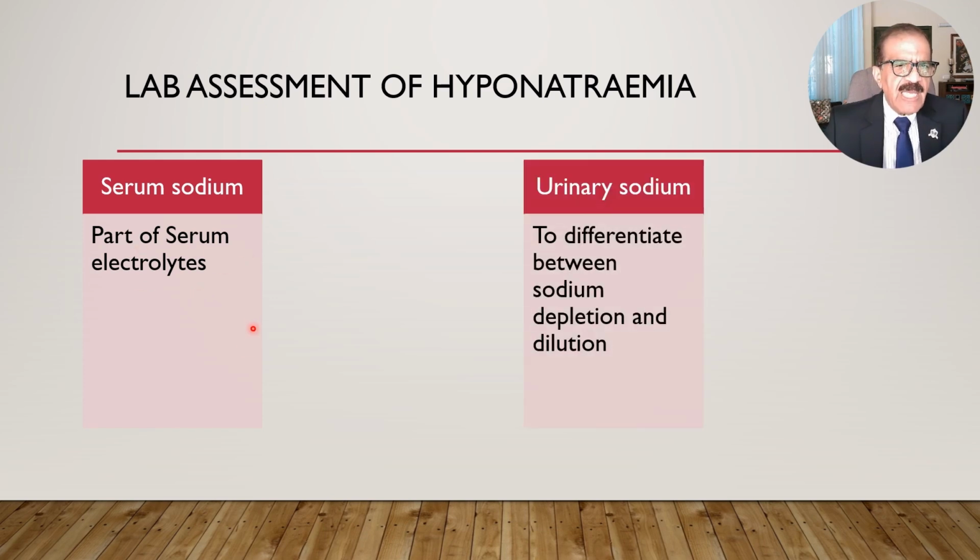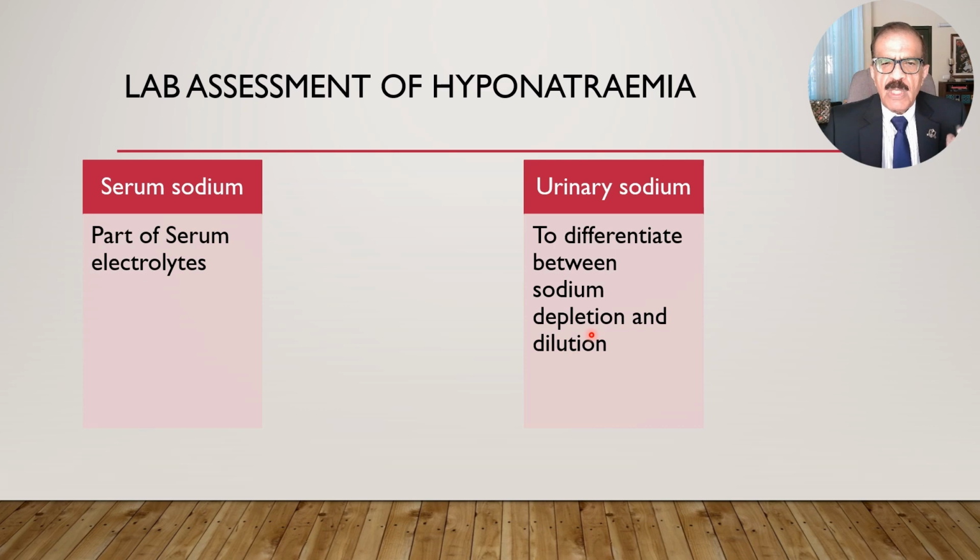Now, another laboratory test which is very useful is urinary sodium. Because if there is true hyponatremia, if the body is truly deficient in sodium, then the kidneys must be trying to preserve every single molecule of sodium passing through the nephrons.